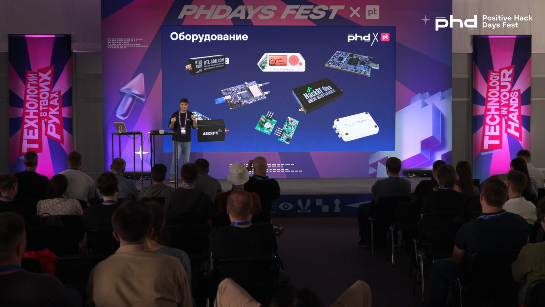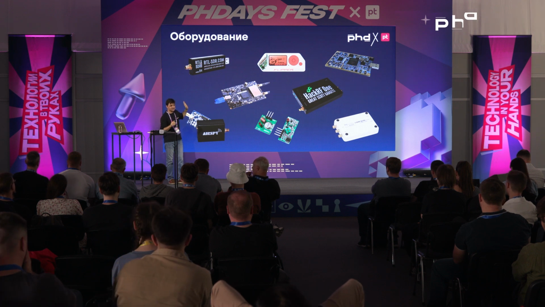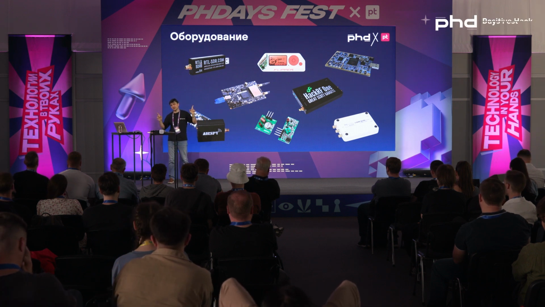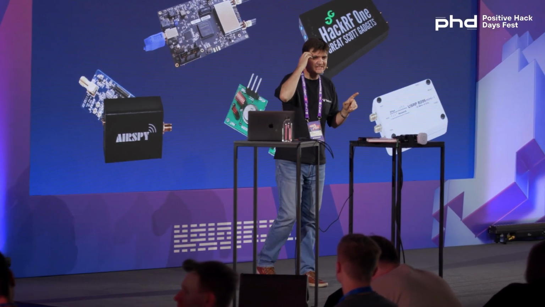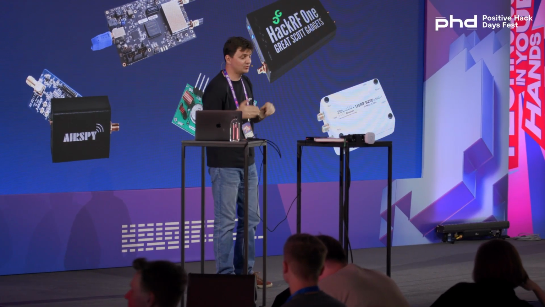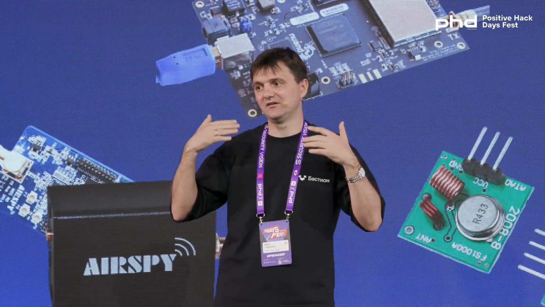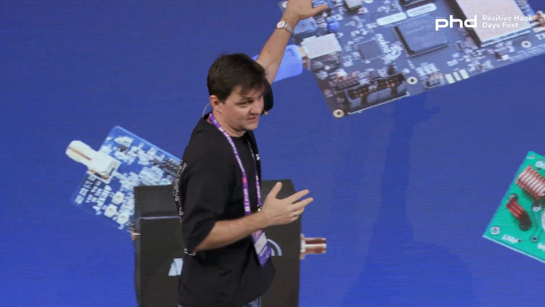You can buy it for our purposes. Two main drawbacks. One is reduced frequency range, up to 1.6 gigahertz. It cannot cover Wi-Fi and Bluetooth. Also, it cannot transmit the signal. It can only receive it.